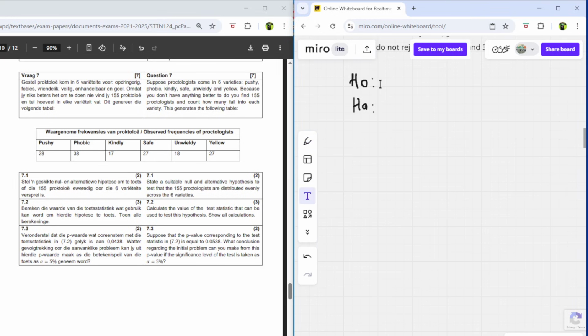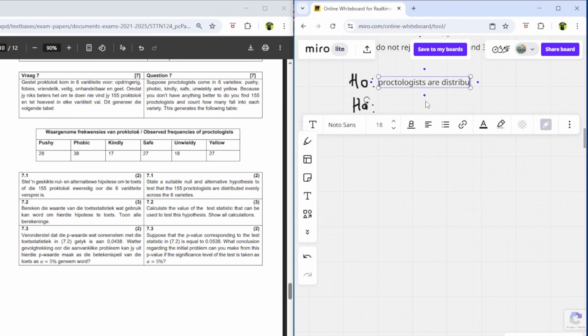The null hypothesis is: proctologists are distributed evenly across the 6 varieties.